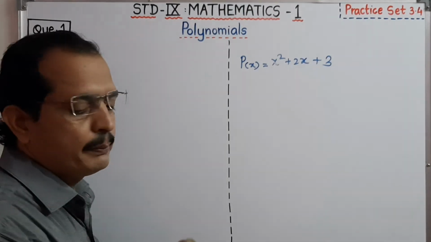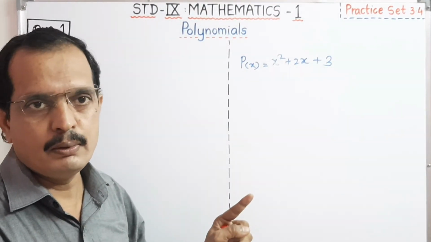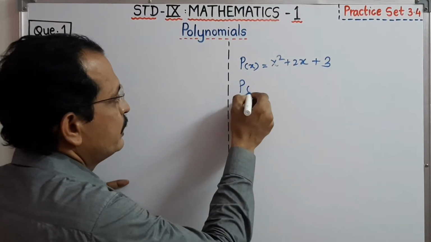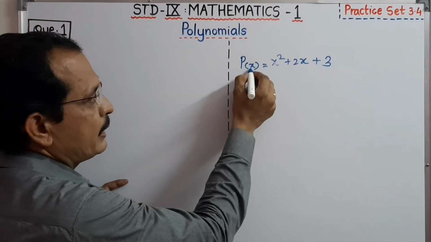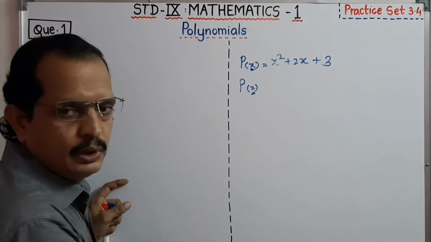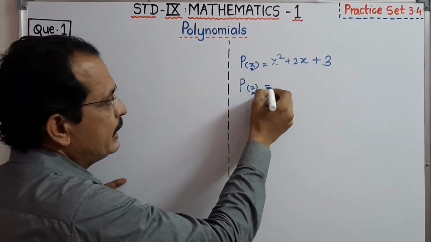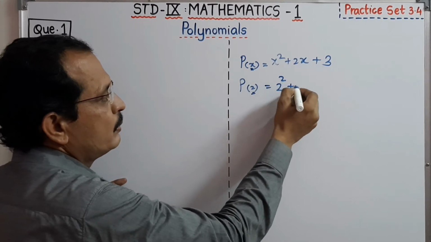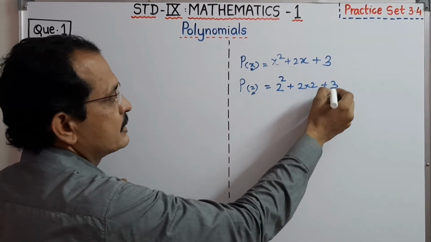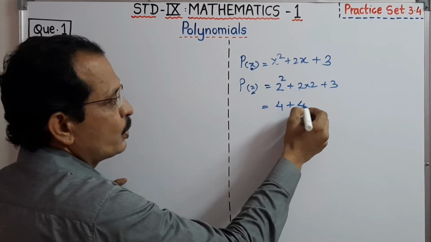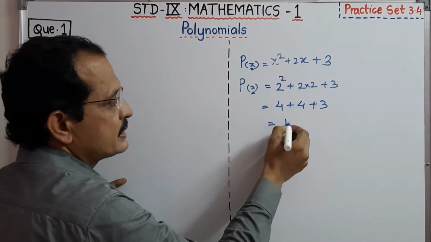Now if I replace the variable by any number, suppose I find p(2), that means I replace this x with 2, then it will be 2 squared plus 2 into 2 plus 3. The square of 2 is 4, plus 2 into 2 is 4, plus 3, it is 11.